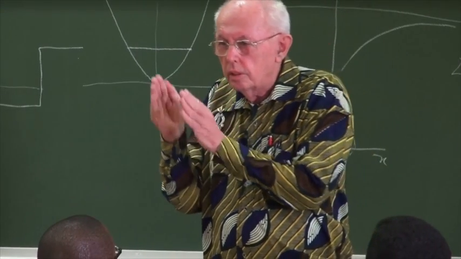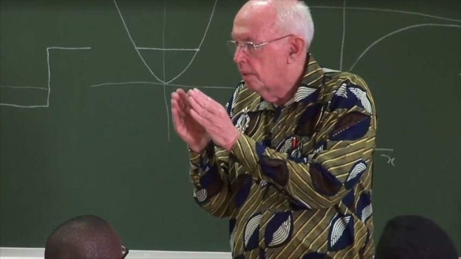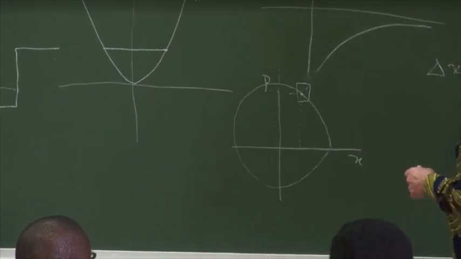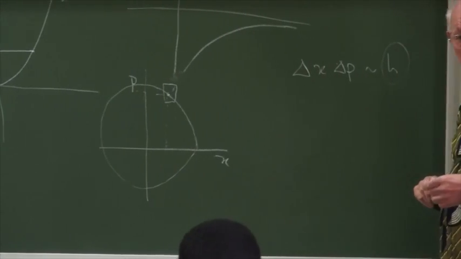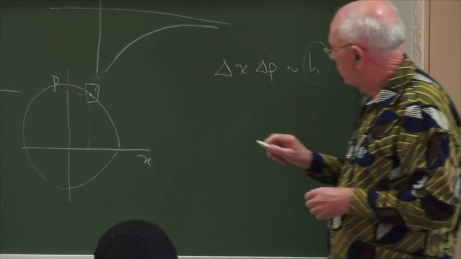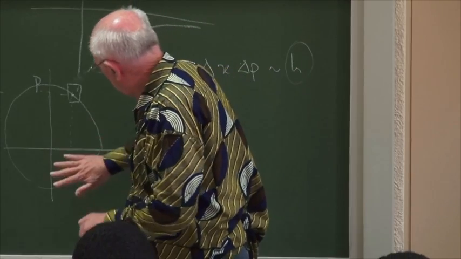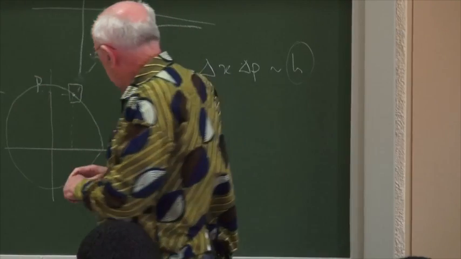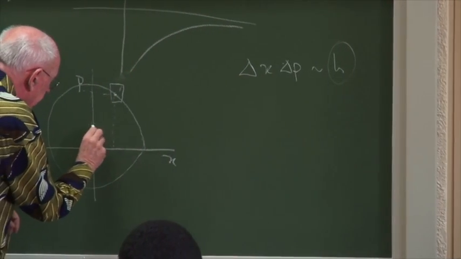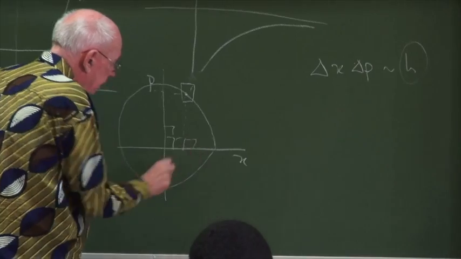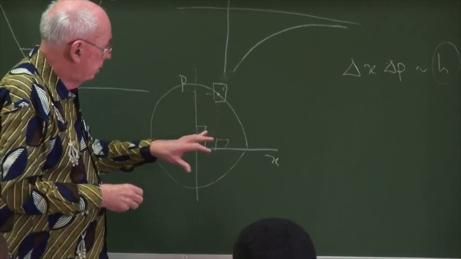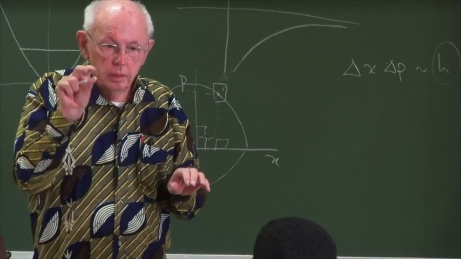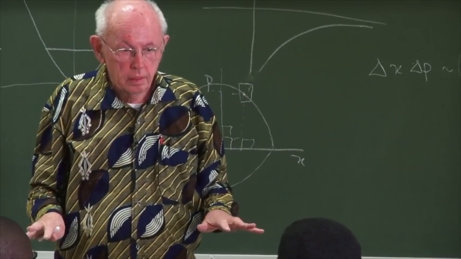It comes in little chunks, little pieces, and each piece is so big. So I can say this is not a smooth function. It is actually made up of little pieces like this.